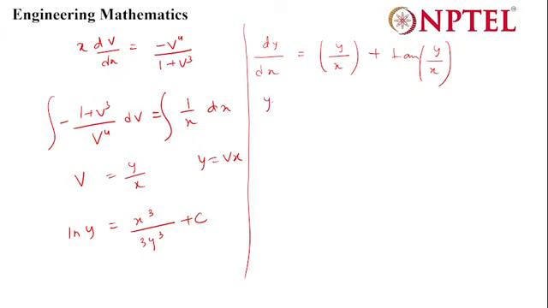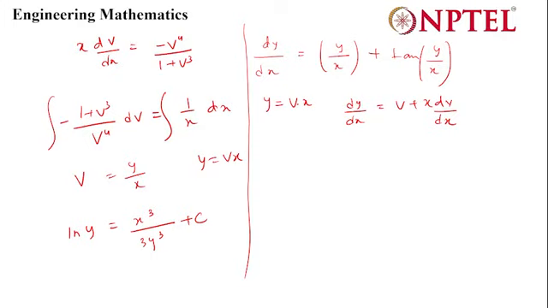If it's reducible to variable separable, what you have to do? Put y is equal to vx and dy by dx is equal to v plus x dv by dx. Put this and tell me the final answer. Or just tell me from where you have to integrate, because integration will take time.